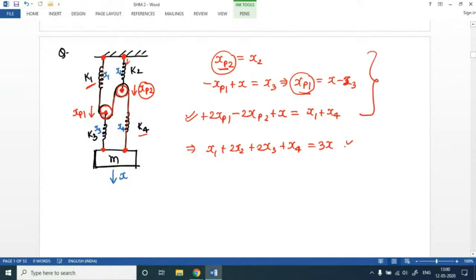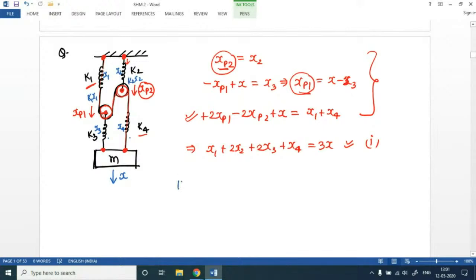So let's say this is equation number 1. And the second equation we can have is that of force. Now you realize, please. The spring force would be nothing but k1 x1 in this spring, k2 x2 in this spring, k3 x3 in this spring, and k4 x4 in this spring. So how will they be related? Because the pulleys are massless and the spring is also massless over here, we can simply relate the way we used to relate tension.